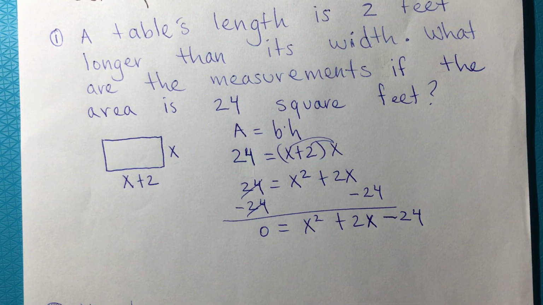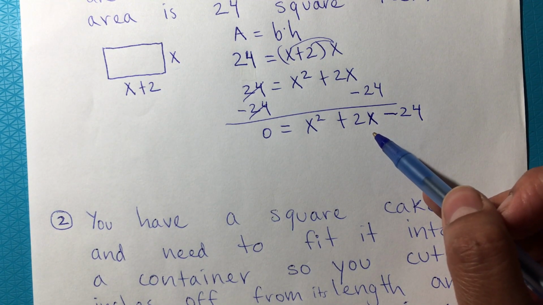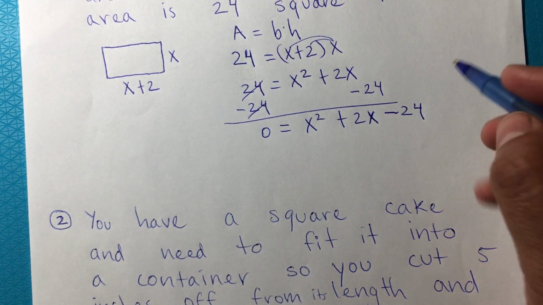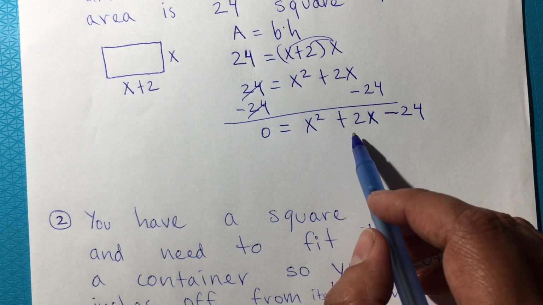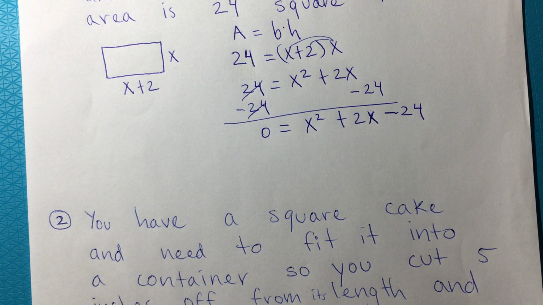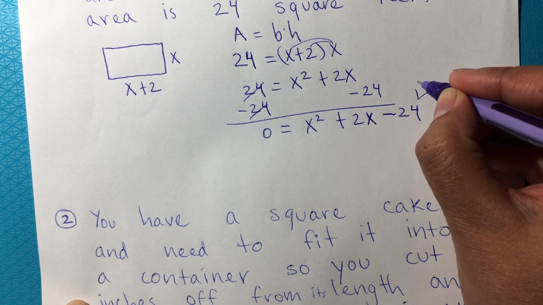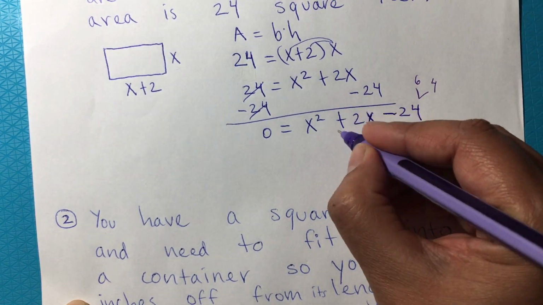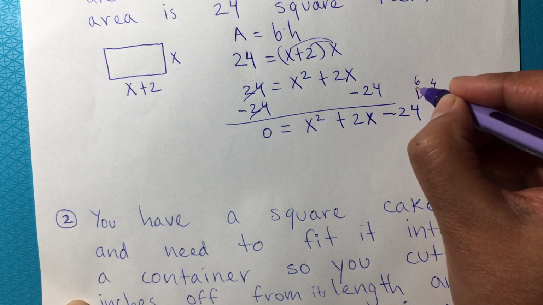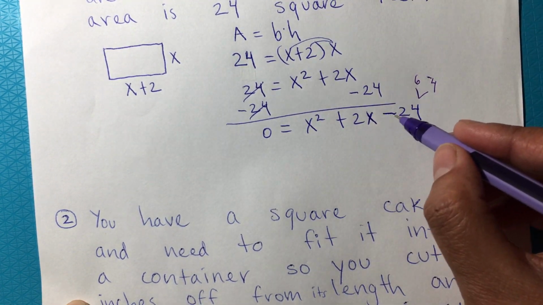To solve for x, you could either use the quadratic formula, or you can find two factors that multiply to negative 24, but when you add them equal positive 2. And so two factors of negative 24, it's 6 times 4. Because this is positive, we leave the positive to the biggest number and leave the negative to make it negative when we multiply.